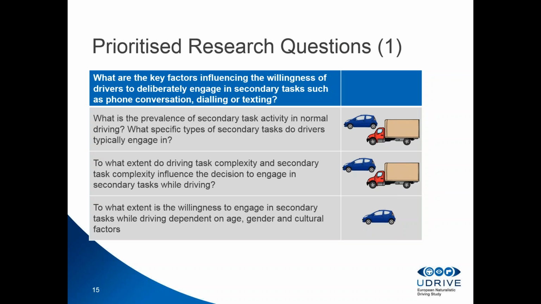So now moving on to our prioritized research questions and an indication of whether we're doing those for the cars and for the trucks together or only for cars. So one important research question to us is, what are the key factors influencing the willingness of drivers to deliberately engage in secondary tasks?